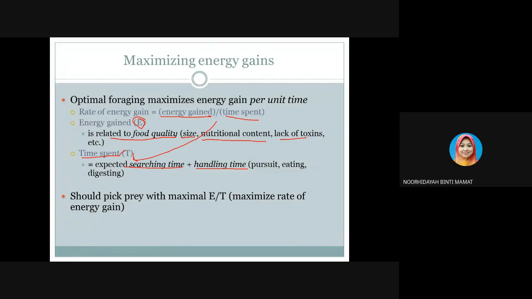All of this is in the time spent, and the animal should pick the prey with the maximal E over T, which is the maximized rate of energy gain.